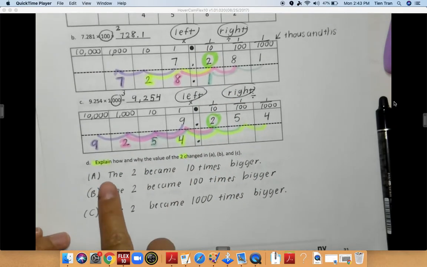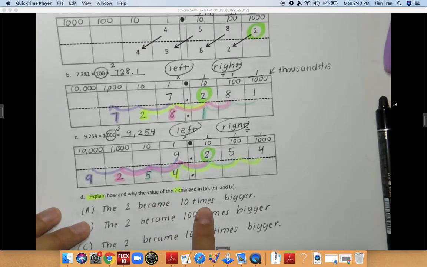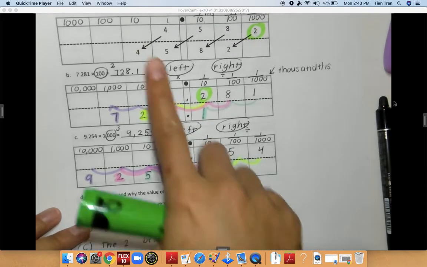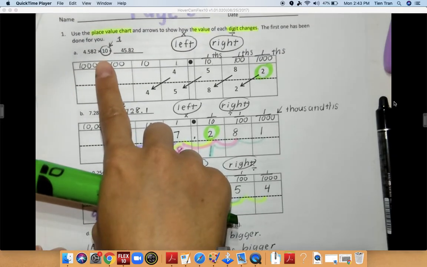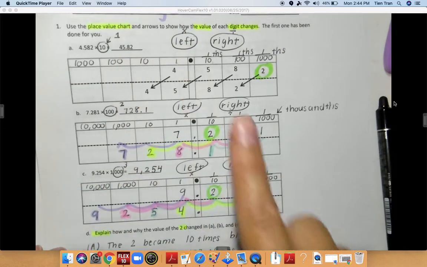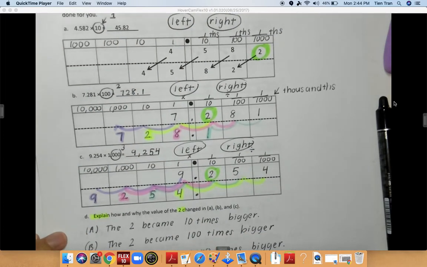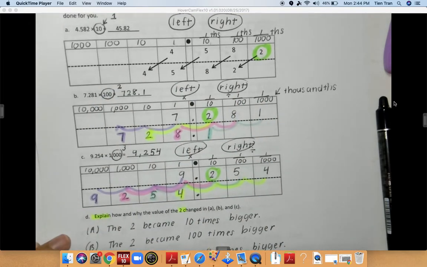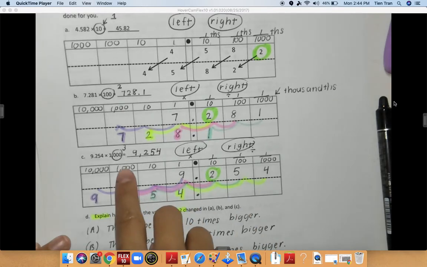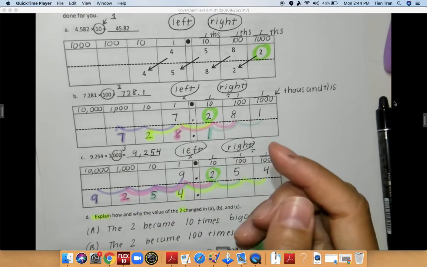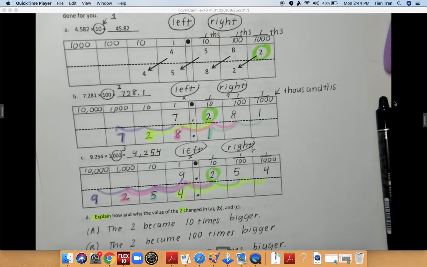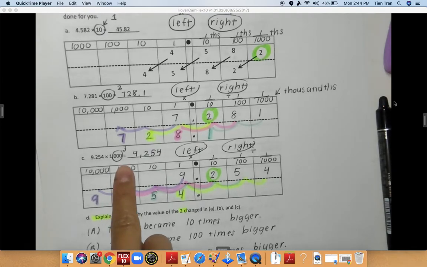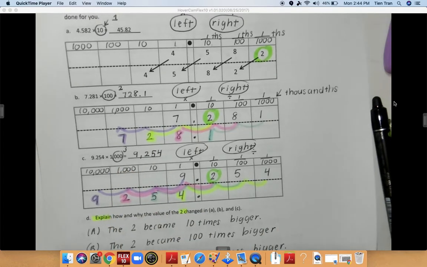So for A, I noticed that the 2 became 10 times bigger. Like I said, because of this number right here, it is 10 times bigger. And then for B, I noticed that the 2 became 100 times bigger. For C, I noticed that the 2 becomes 1,000 times bigger. And the reason being is because you are multiplying times those numbers. So of course, it's also going to increase your number, whichever number you choose to multiply. So that's what happened there.